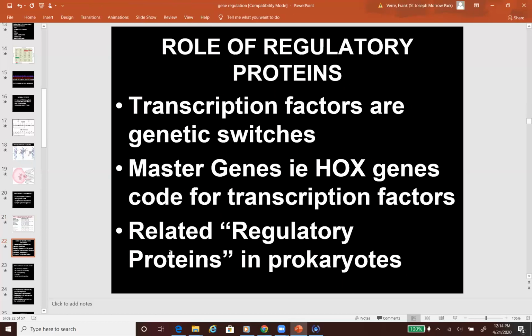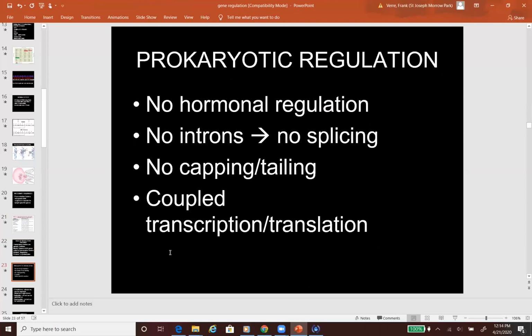What we're going to look at is an example in bacteria, but basically the way it works in bacteria is pretty much the same way it works in eukaryotes. We're going to look at prokaryotic regulation, okay, which overall is simpler than eukaryotes because bacteria don't have things like hormones to also regulate genes.